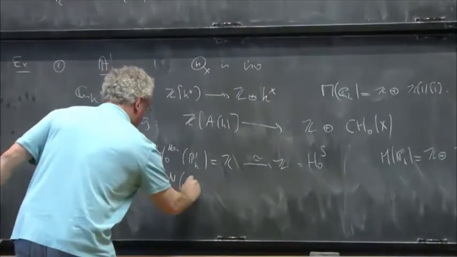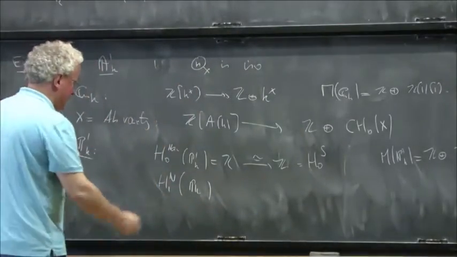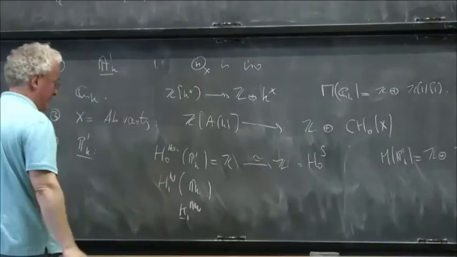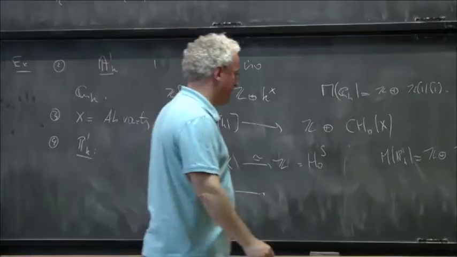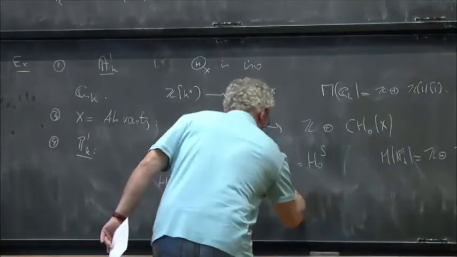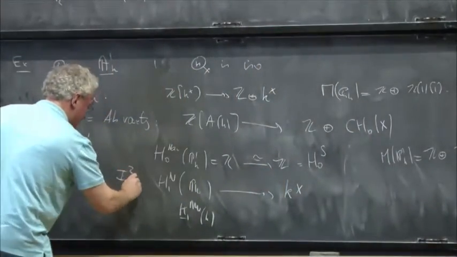H1 naive is there on the blackboard. It's Milnor K-theory, weight 1 of K, mapping to the H1 here. You can check there is only K star. And this is surjective. The kernel is I2.